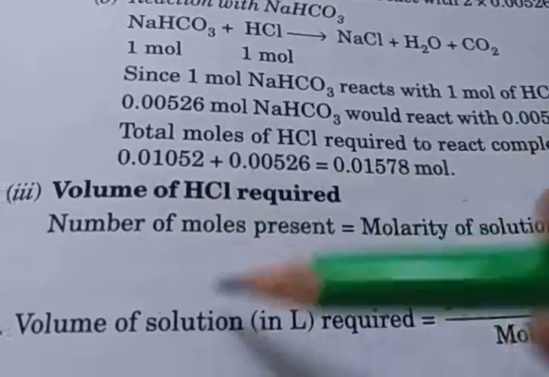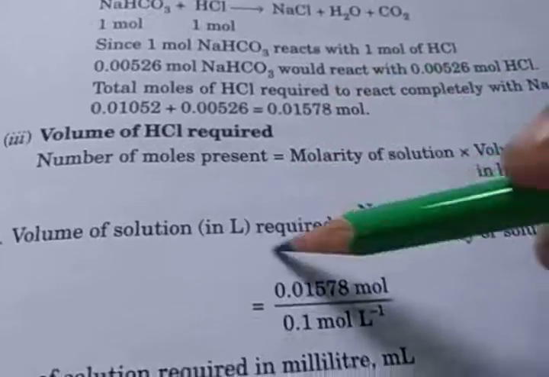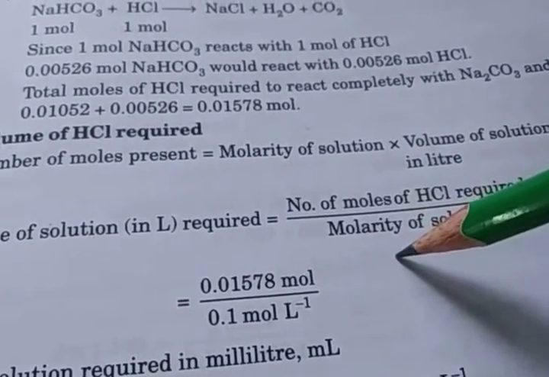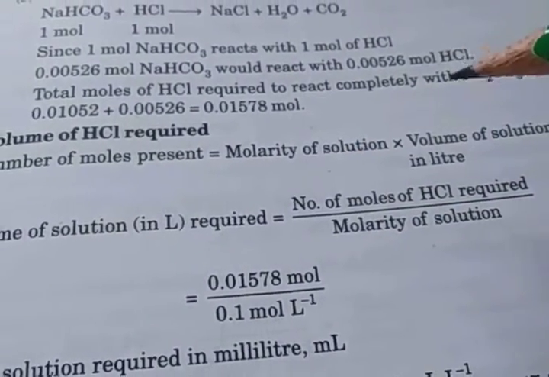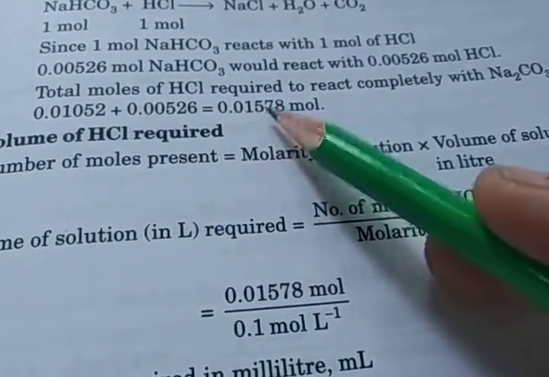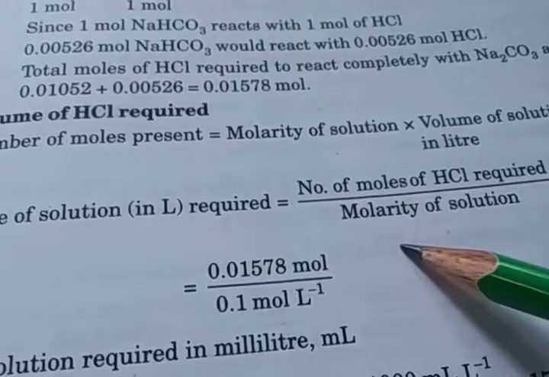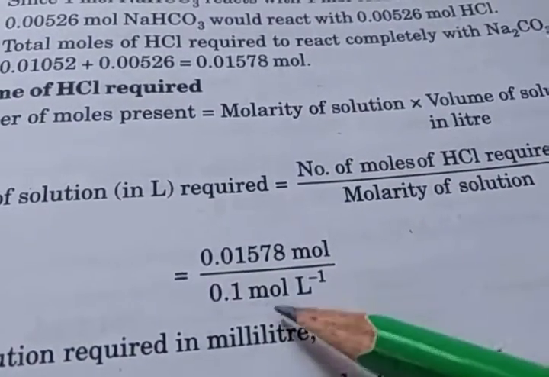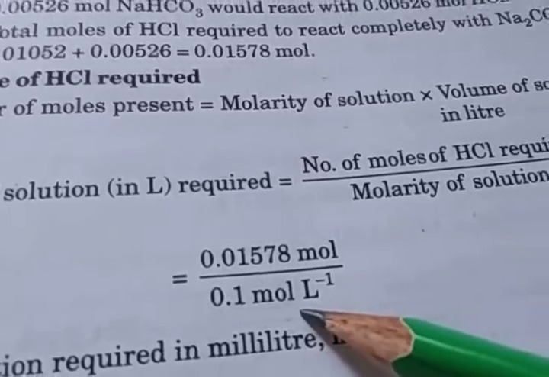Then the volume of HCl required. The formula for volume is the number of moles divided by molarity: 0.01578 divided by the given molarity, 0.1 mole per liter.